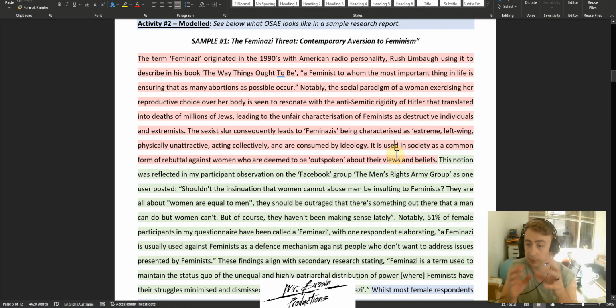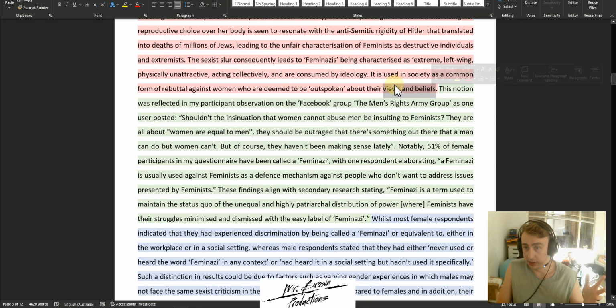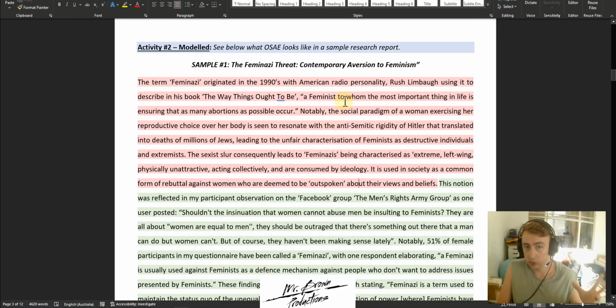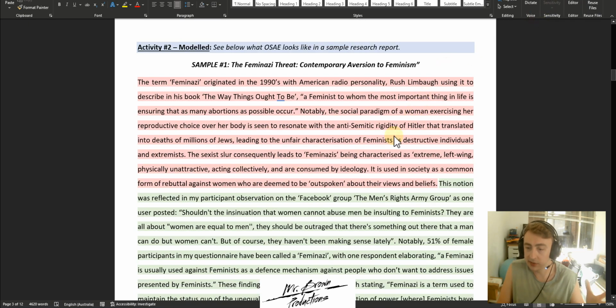So what I'm going to expect now is they've clearly outlined what this paragraph is going to be about. They're going to be unpacking this concept of feminazi and talking a bit more about the characteristics behind it, okay, and its impact on views and beliefs in society. So that's sort of the key message that I'm getting here. It's very clear to me that that's what they're talking about. So that's, I guess, a modeled version.